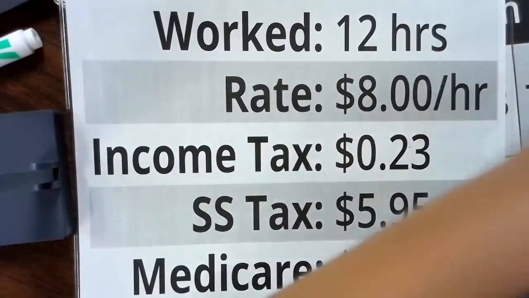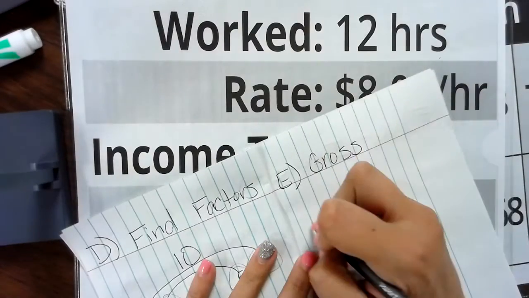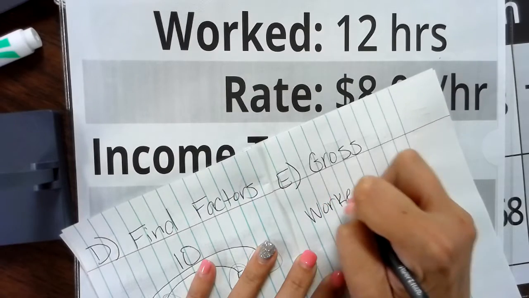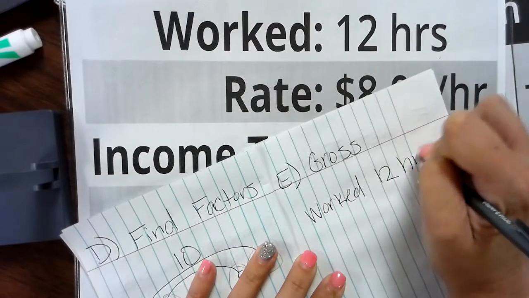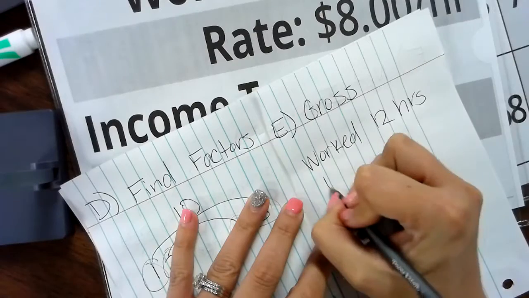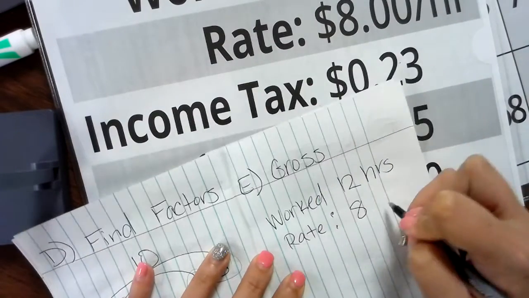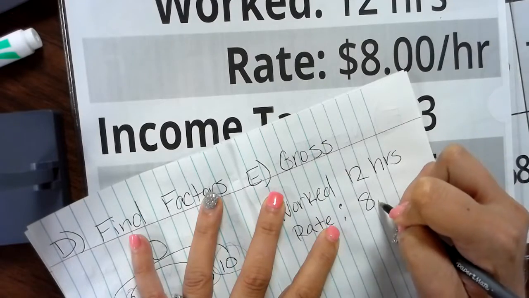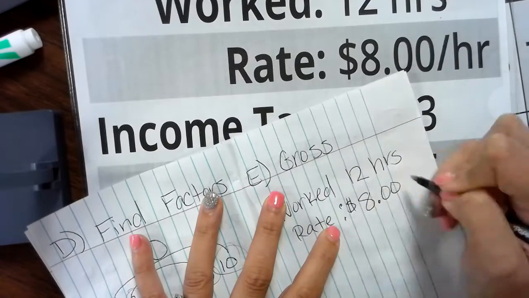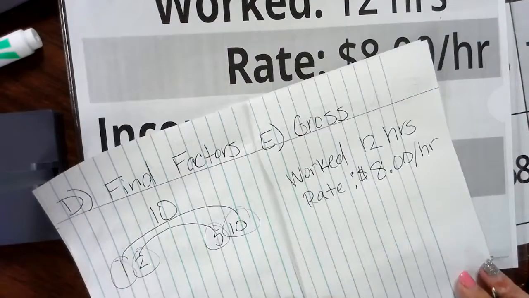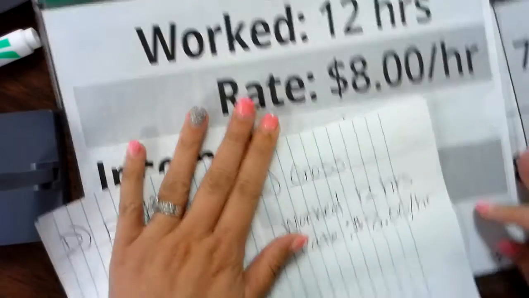But first I need to find out what my gross is, which is just your hours worked times how much you get paid. So I'm going to come over here to gross, and I'm going to write down worked 12 hours, and my rate of pay is $8 per hour. So to find out how much I got paid, I'm simply going to multiply.